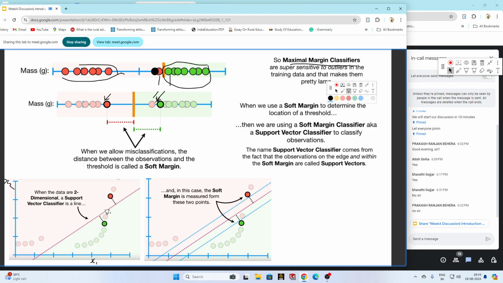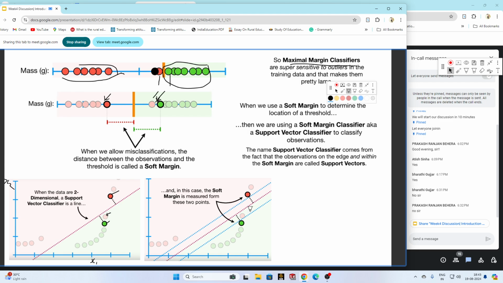Here you can see this is the misclassified point, and this is a support vector, this is a support vector. So we can easily draw two lines through the support vectors and call it a soft margin. This blue color is your soft margin, and your threshold will be exactly in between your soft margin. This red color is your threshold.